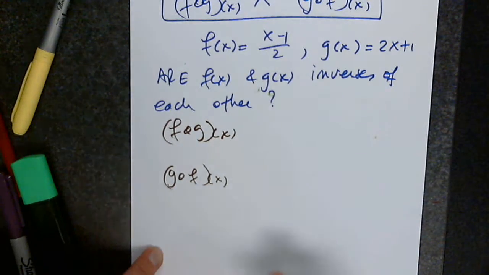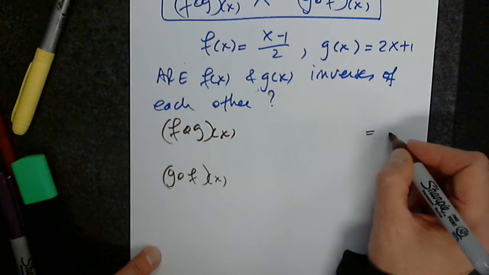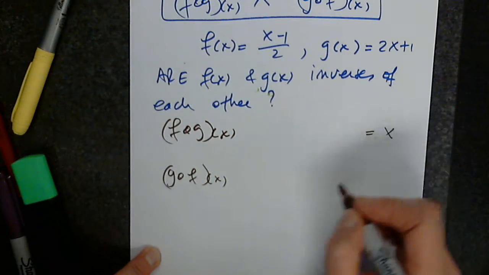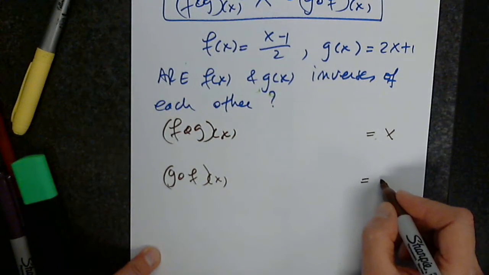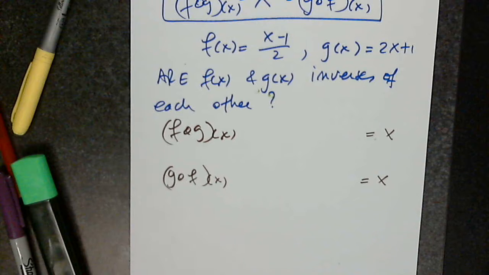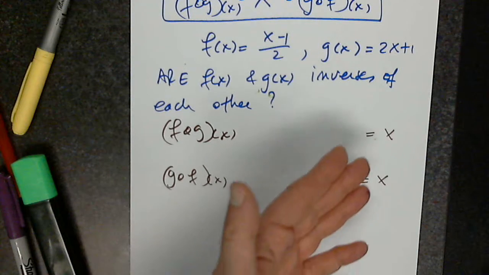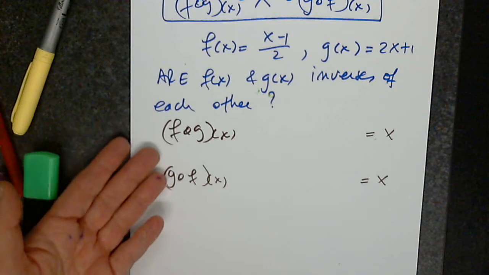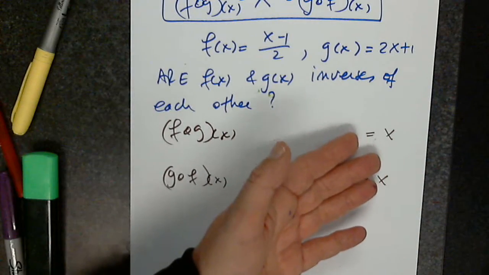And only if this one results in x, and this one results in x, then I will conclude for sure that these two functions are inverses of each other. Otherwise, I will never get x. If these two functions are not inverses of each other, I will never get plain x.